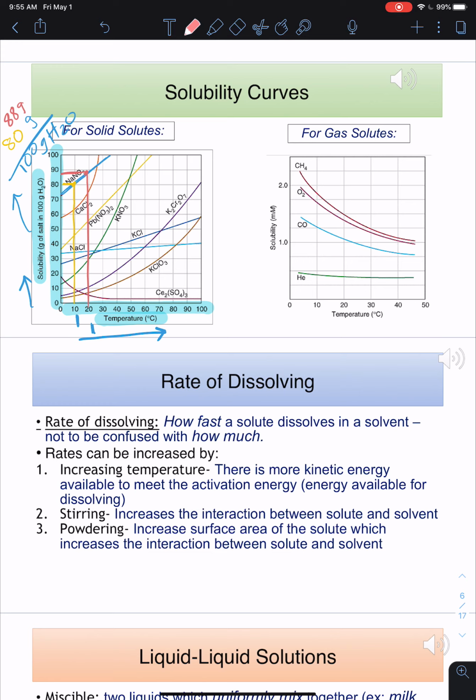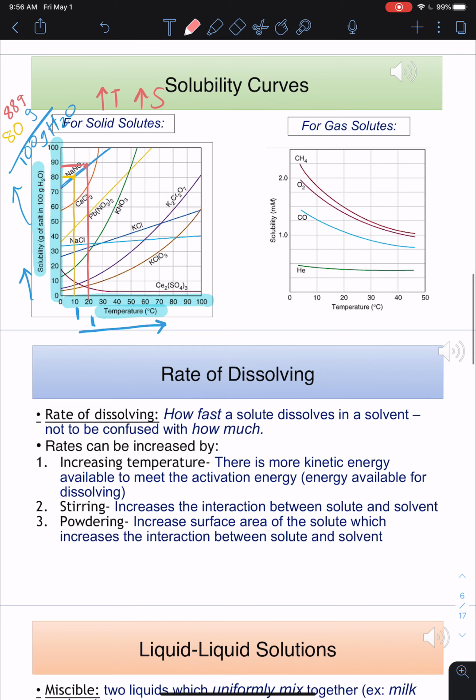So if you increase the temperature, the solubility also increased. So more of that sodium nitrate will dissolve in water at a higher temperature, okay? So for the solids, as temperature increased, so did the solubility.